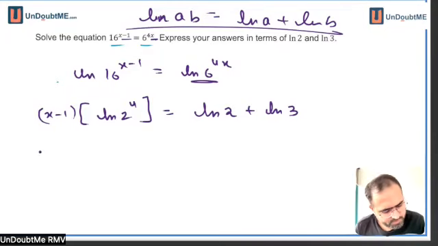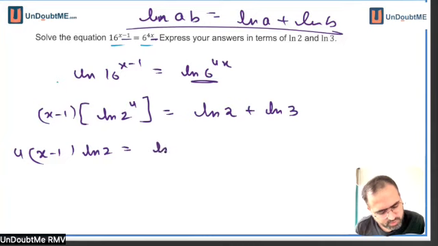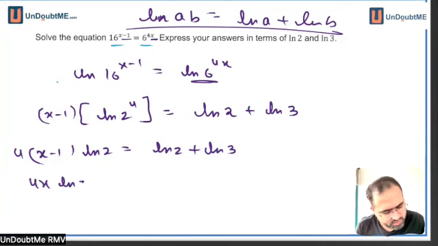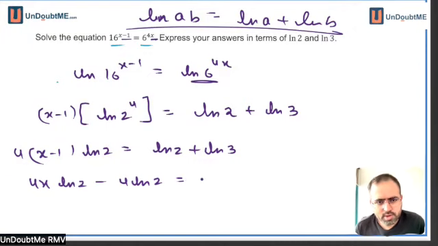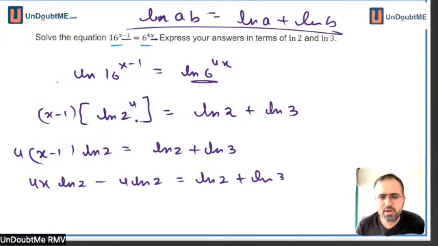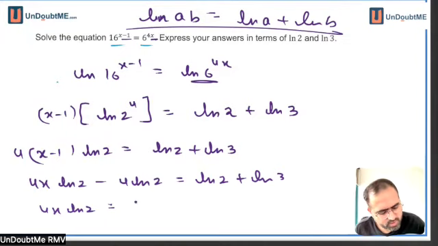So we need to put the 4x there as well, right? Yes, 4x will come in front. So it will be 4x ln 2 is equal to 4 ln 2 plus ln 2 plus ln 3. I'm doing it quickly now. I usually don't put the 4 on the other side unless we have 4 as a multiple there, it need not be put. So 4x ln 2 is equal to 4 ln 2 plus ln 2, it will be 5 ln 2 plus ln 3.